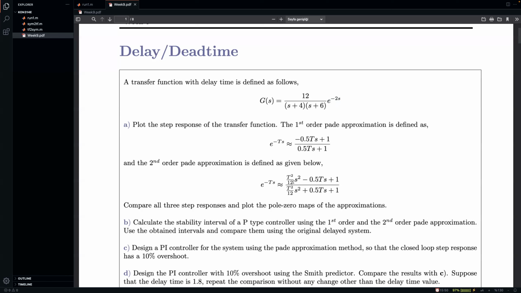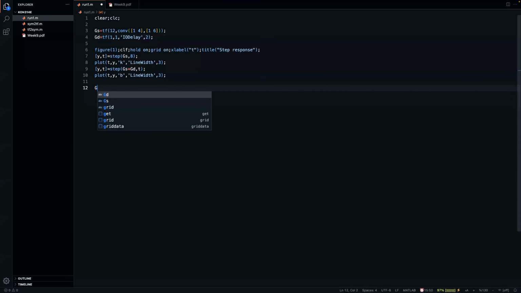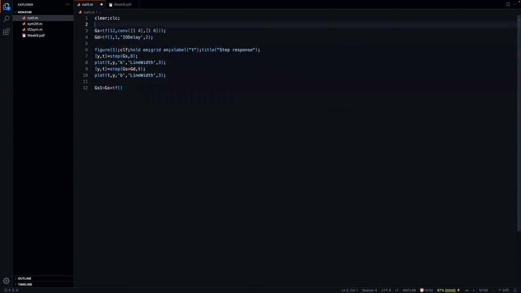So let's actually see how the step response, for example, of this first order approximation of the system looks like. Now, let's call it GS1. It's going to be GS times TF. And let me define tau equals 2, the amount of delay. And there we go.